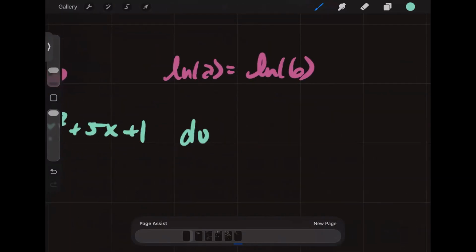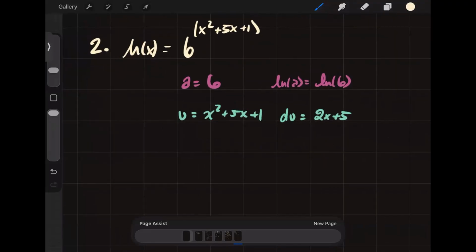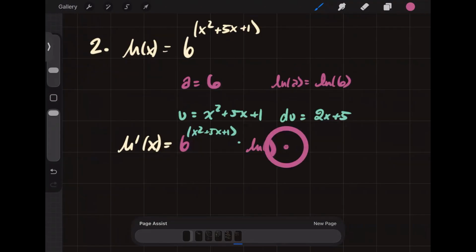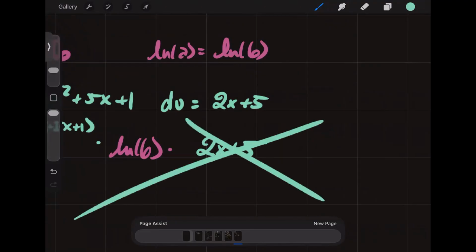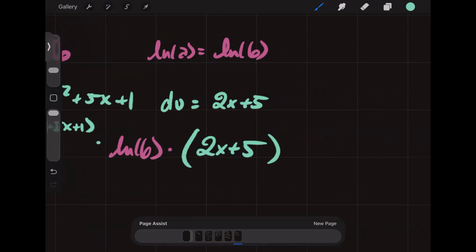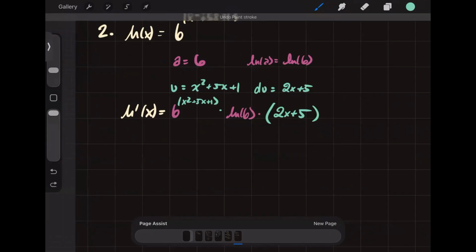Sometimes you'll also see it written as du like that, that's fine too, is going to be 2x plus 5, which means you have h prime of x is going to be a to the u plus 5x plus 1 times ln a times du. This is wrong. Don't ever do that. Put your parentheses in. We pay rent out here. Okay? And then of course you could shuffle the order around a little bit. It's multiplication. It's fine.